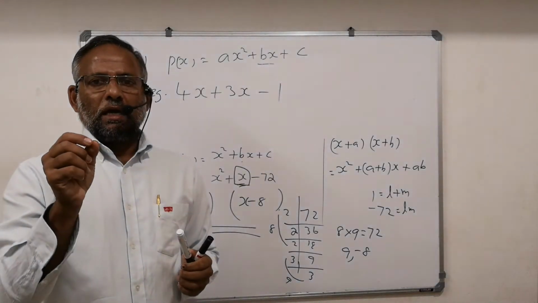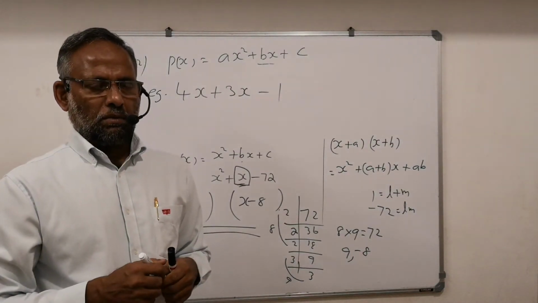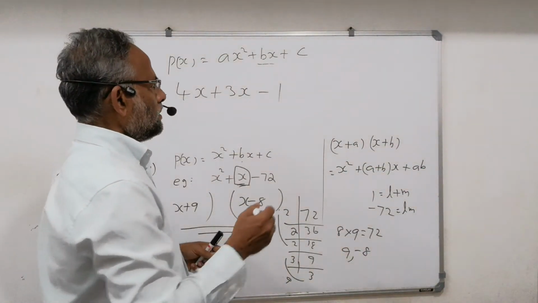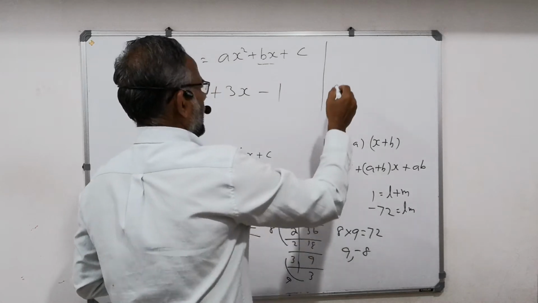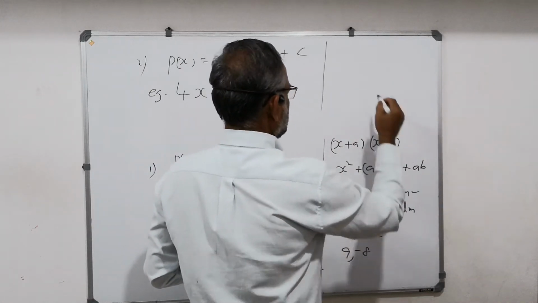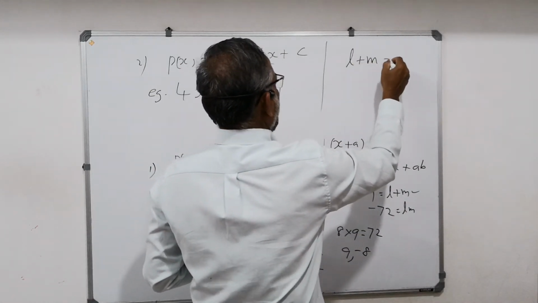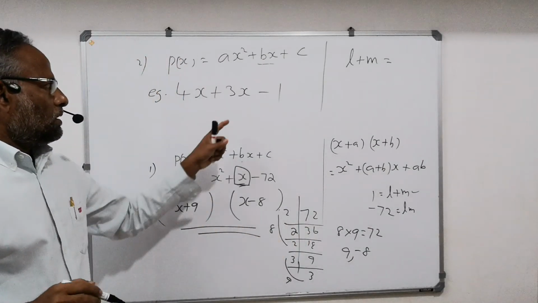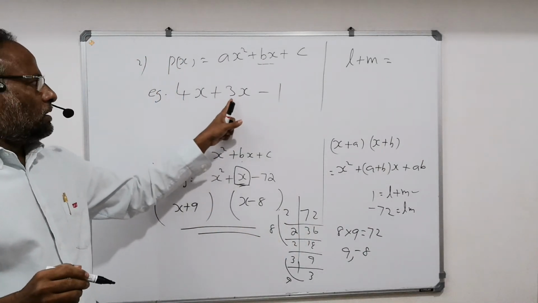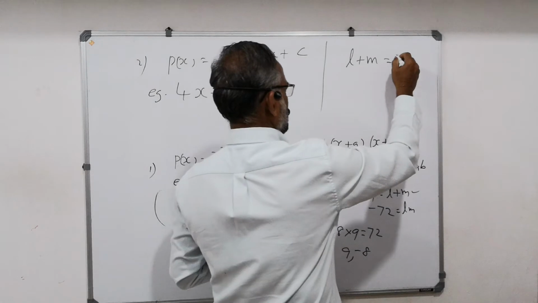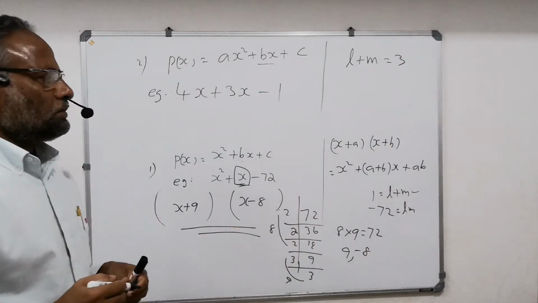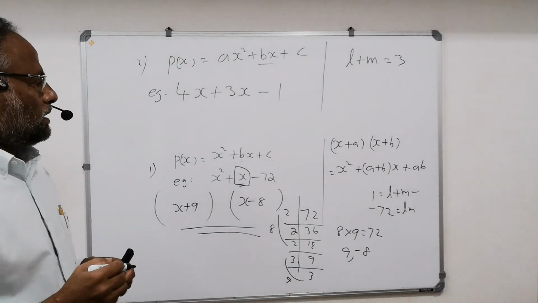Then bigger or smaller, you have to remember. So here LM, L plus M, same thing. Addition of two numbers. What is the coefficient of x? The coefficient of x is 3.